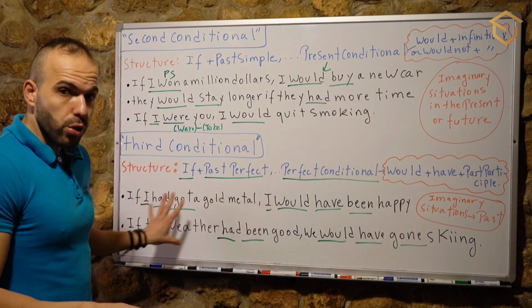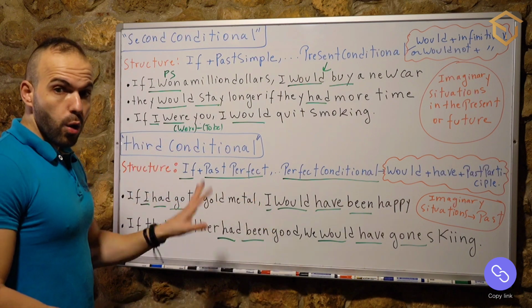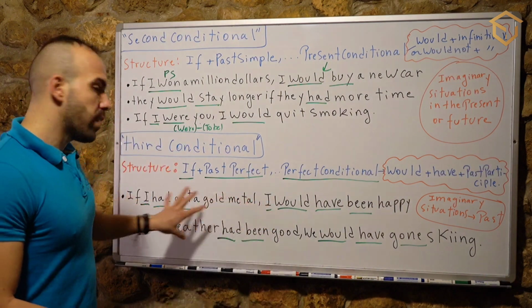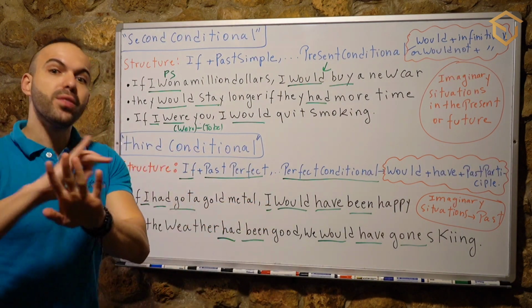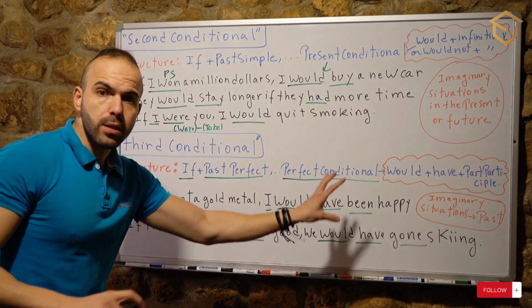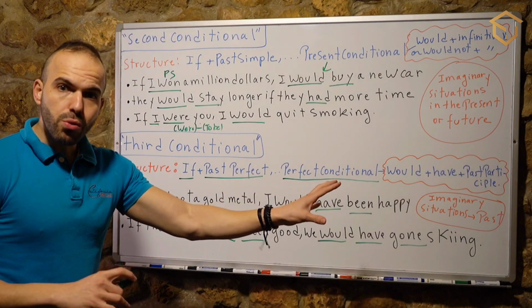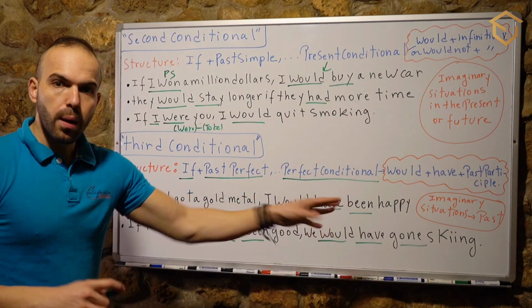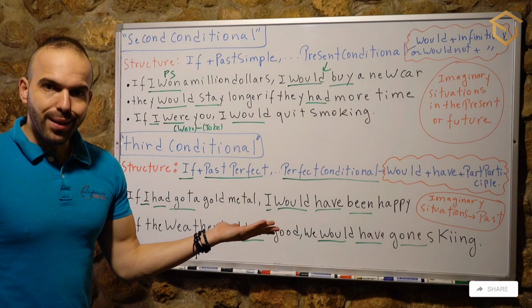The weather wasn't good, apparently. So it's a particular situation in the past that did not occur, and there's no possibility of this coming true. We would have gone skiing, but actually we didn't go skiing.